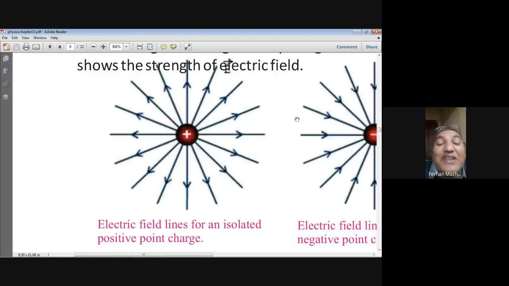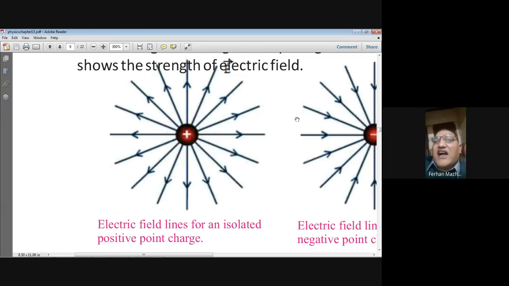These are not actually there, but these are imaginary lines. And from the positive charge, they always radiate. They come out. They fan out.